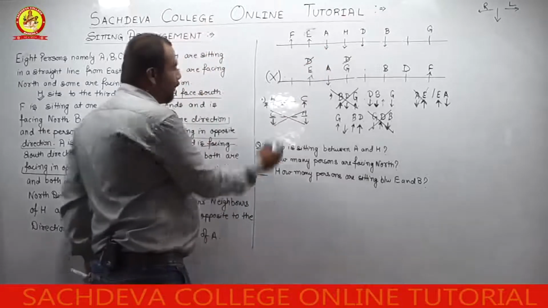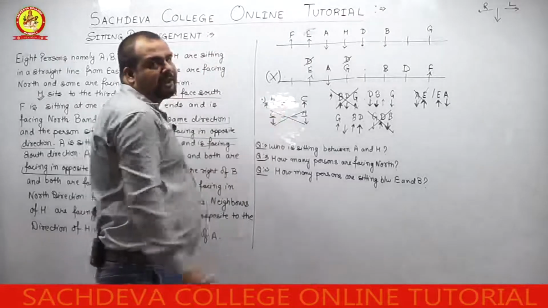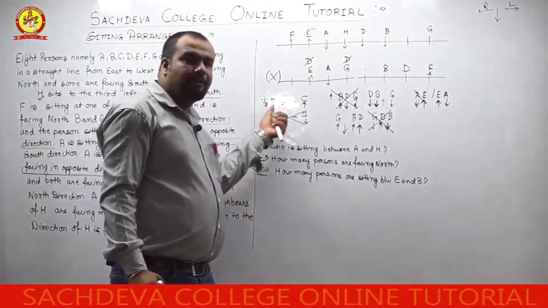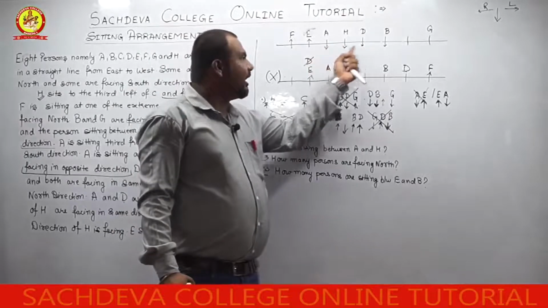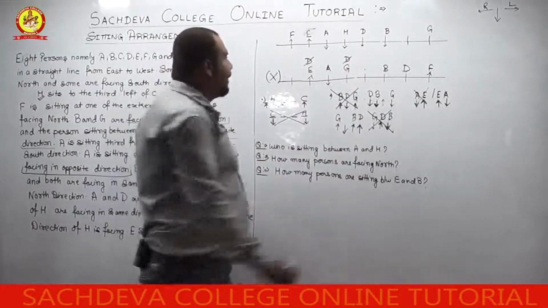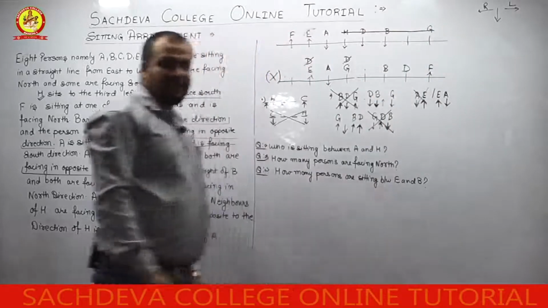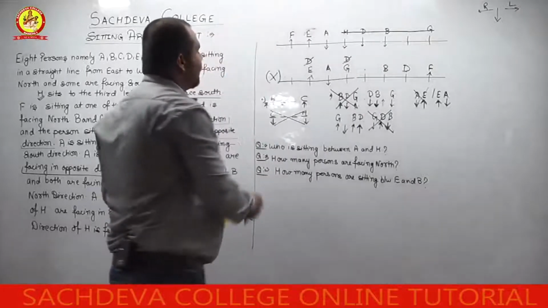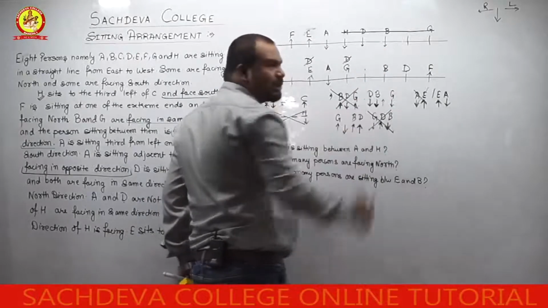But in the question the information was given that the immediate neighbors of H are facing in opposite directions with respect to H, while the immediate neighbors of H over here are facing in the same direction as H. We cannot assume this. This is a wrong assumption, so D, B space G can no more be used in the above arrangement.